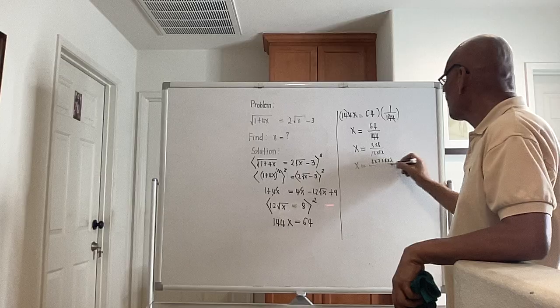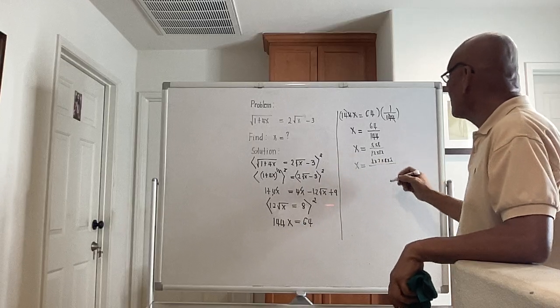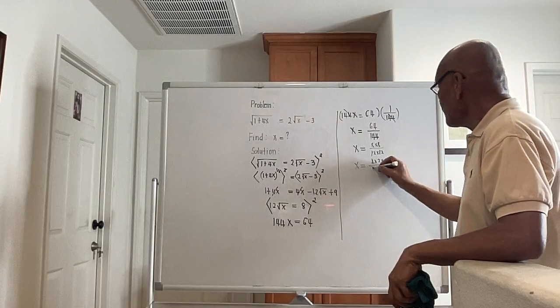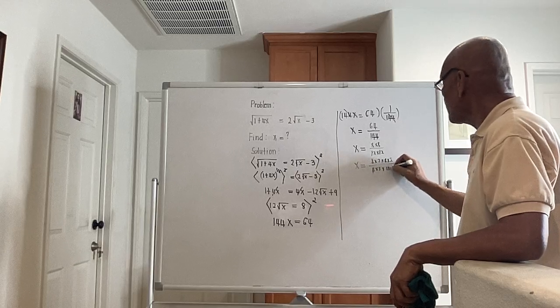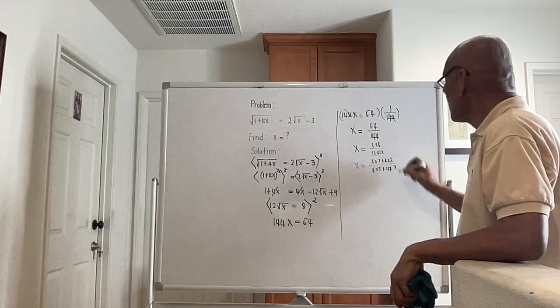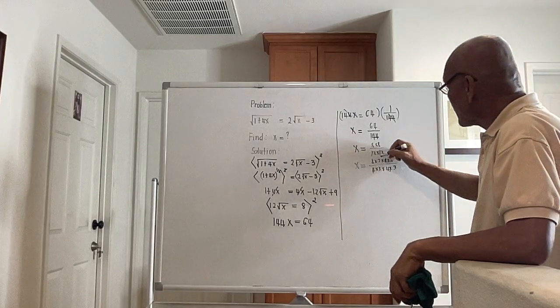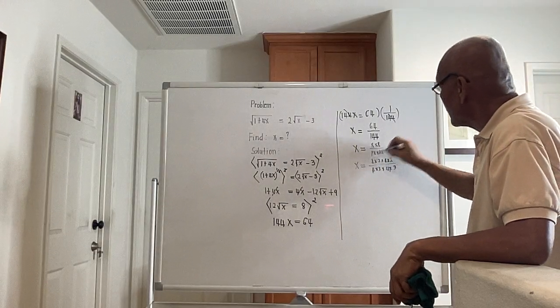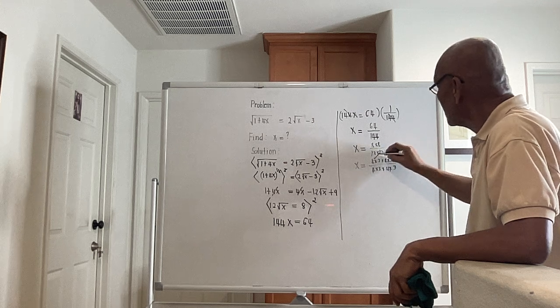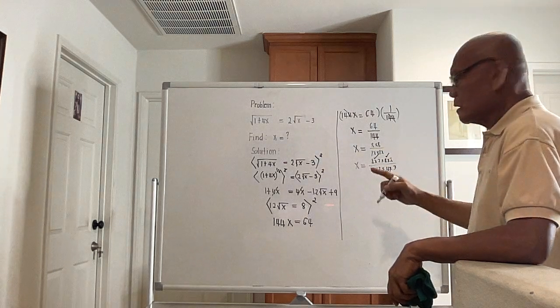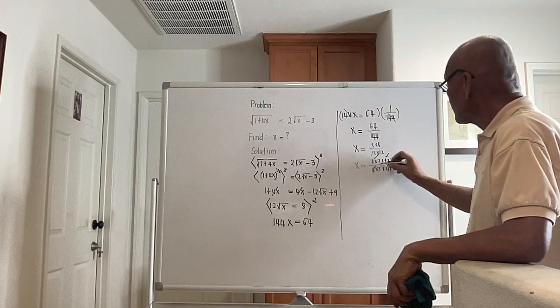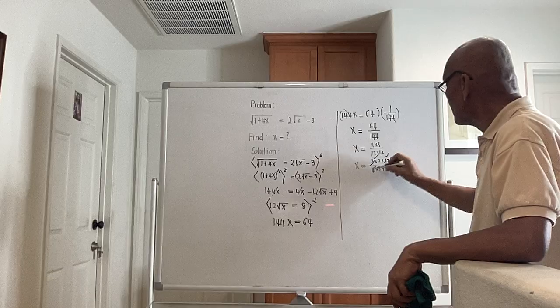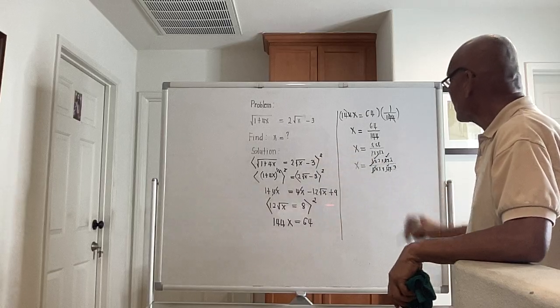And for this 12 here, we could express this one as the product of 4 times 3, times 4 times 3. Okay, so there are 2 4s on the numerator and 2 4s on the denominator. So they cancel out, right?